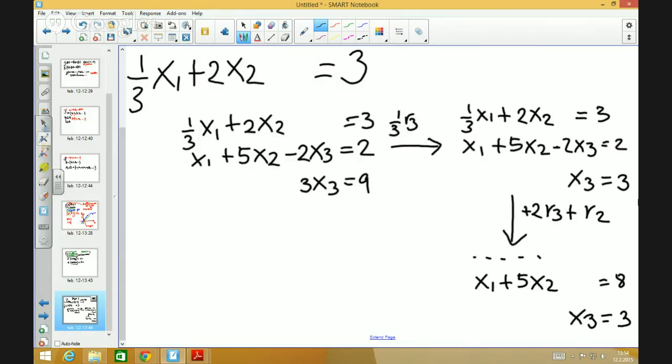Now, by continuing this process, you will want to get rid of the 5x2 here, or of the x1, depending on how you choose to do things, so that eventually you get to a form where x1 is equal to a number C1, x2 is equal to a number C2, and x3 is equal to 3.